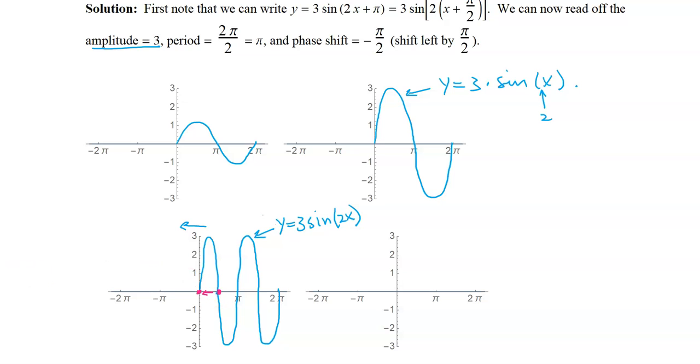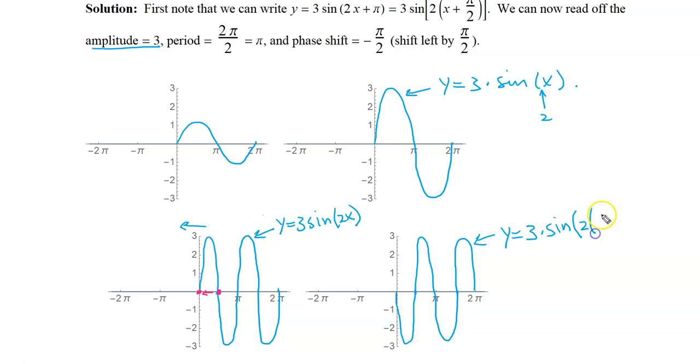And so our final graph is then going to look like this. And this is a very rough sketch of y equals 3 sine of 2x plus pi. And that's what we wanted to sketch the graph of.